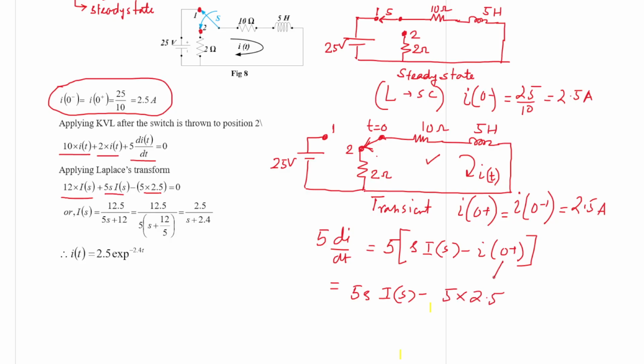Why 2.5? Because i(0+) is 2.5, so that is why it is written here.